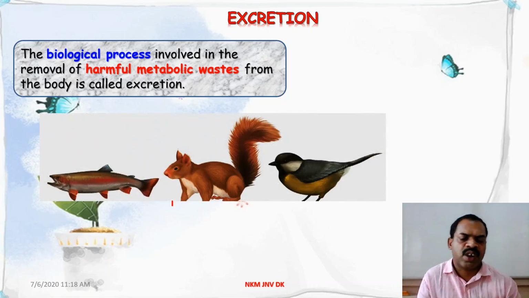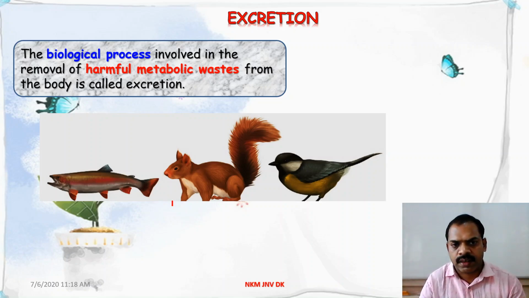Okay, so different organisms do this in different manner. Suppose most of the fishes, they excrete ammonia. But mammals and higher land animals, they will excrete as urea.